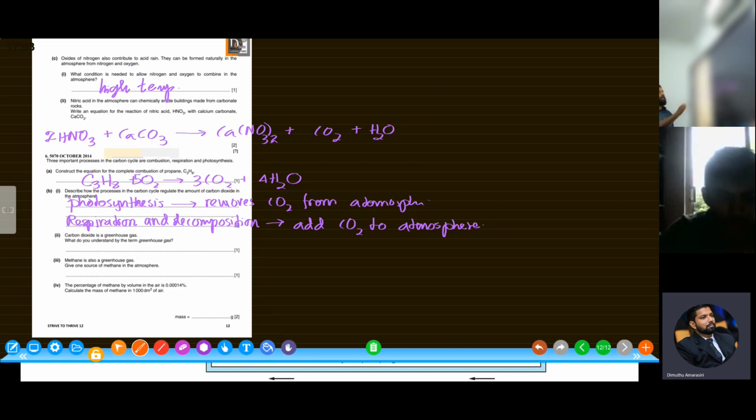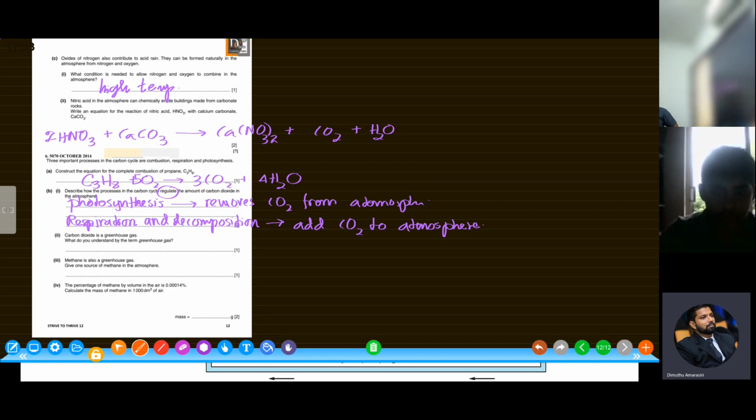When they say regulate, you have to say these 2 processes happen at similar rates. That's the regulation. If the photosynthesis rate and the respiration and decomposition rates are not similar, then it won't regulate.